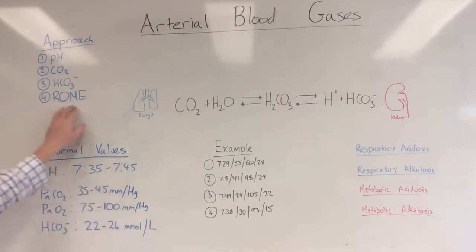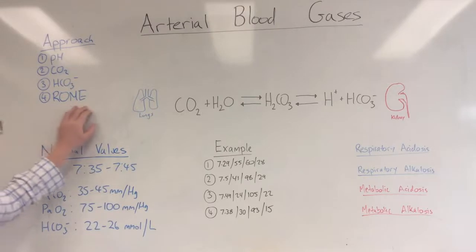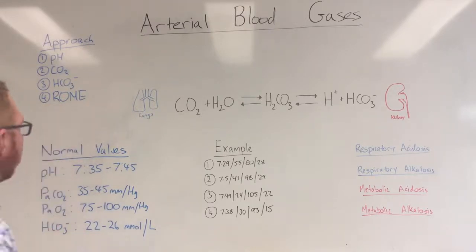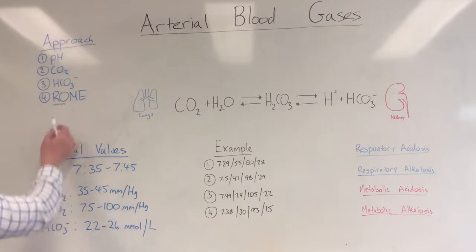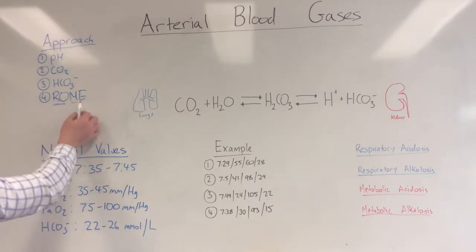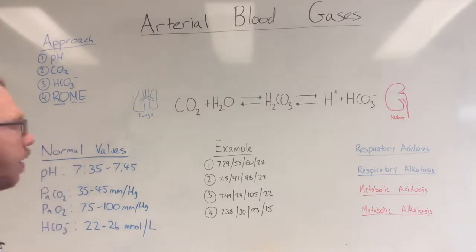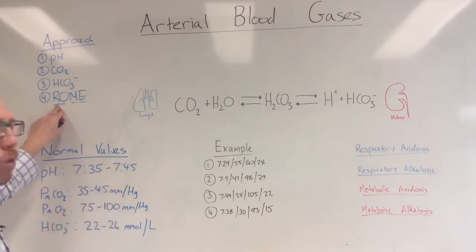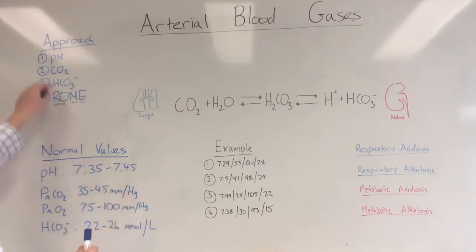And then finally we have this acronym known as ROME, just like the city in Italy. The RO stands for respiratory opposite, ME, metabolic equal. Now what that means is, if it's a respiratory caused issue, the number between here and here will go the opposite direction.